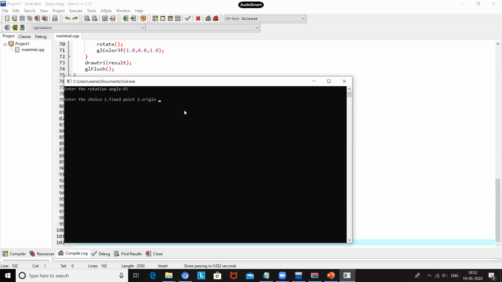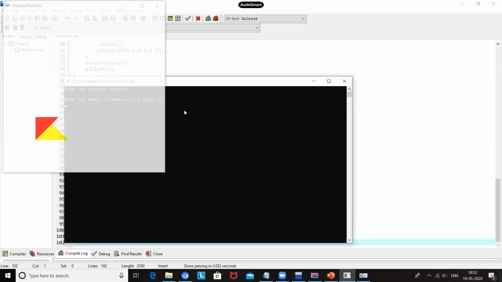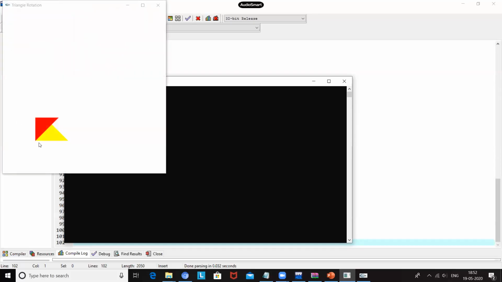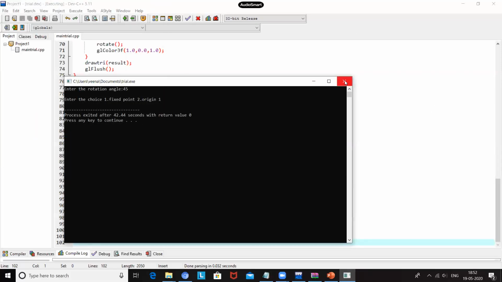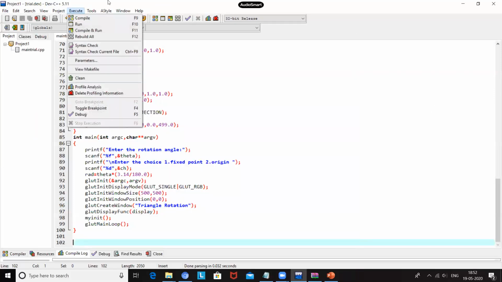First, let's try with the fixed point. Here is the fixed point 100, 100. The earlier yellow color was the original triangle. When it is rotated, we have displayed it in red color. So we get something like this.